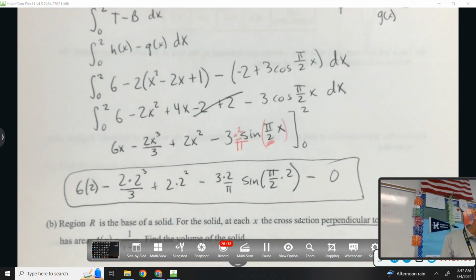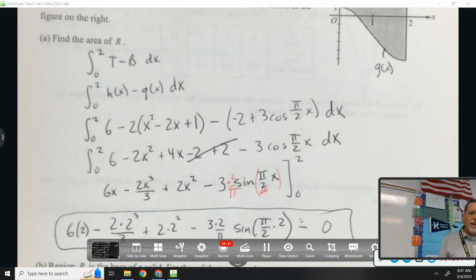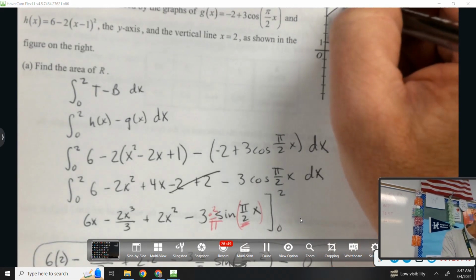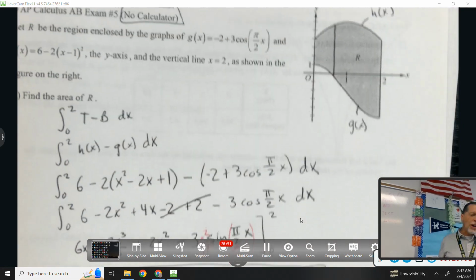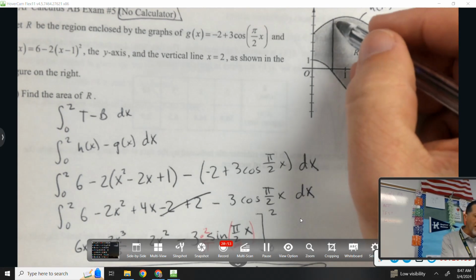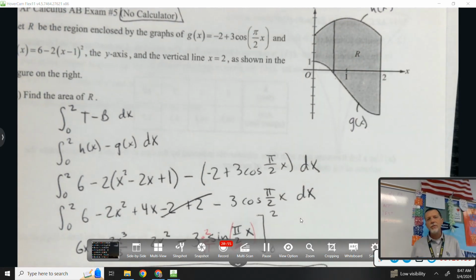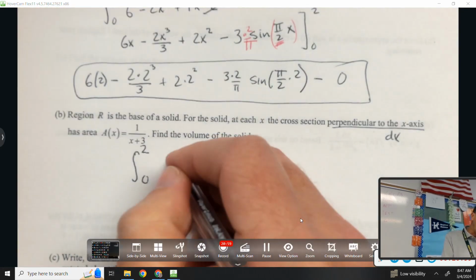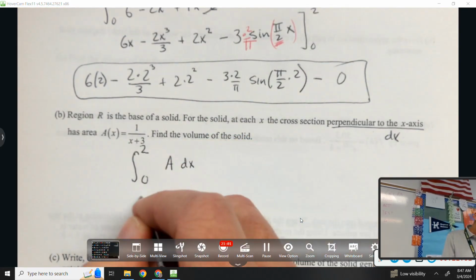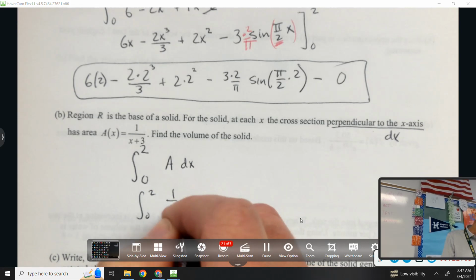Okay, so I'm going from 0 to 2, and I'm thinking area, each cross-section, but it just tells me the area. So I'm not worried about top minus bottom squared or root 3 over 4 squared. It's just flat out telling me that the area is 1 over x plus 3.